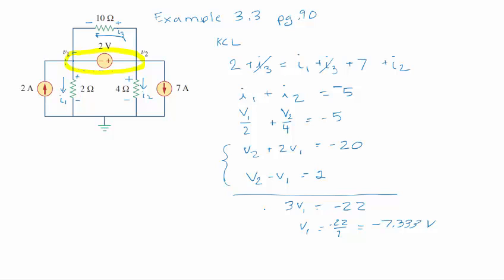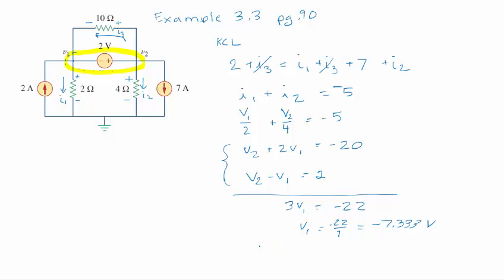So indeed it didn't matter what was over here. This 10 ohms actually never ever came into play in this problem. The voltage across this resistor is the voltage across this resistor, period. So let me complete the problem here.